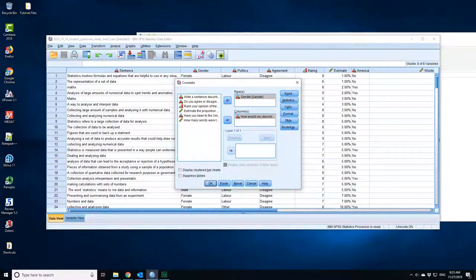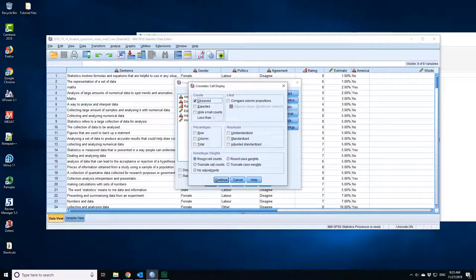One other thing that's useful is to do percentages by row, because then I can look at each of the different rows and see if the percentage changes between the different genders of support. That is a more convenient way than having absolute numbers to compare whether there is a difference between the rows in their preferences.